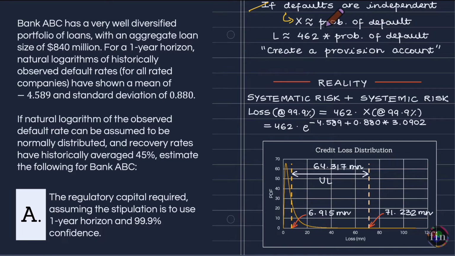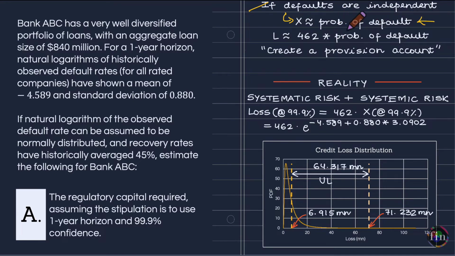The conclusion is that if defaults are independent, the default rate X will be very, very close to the probability of default of each individual borrower. I'm assuming my loan portfolio is quite homogeneous, and hence the default probability of each of the n borrowers is the same. How does this conclusion come about?